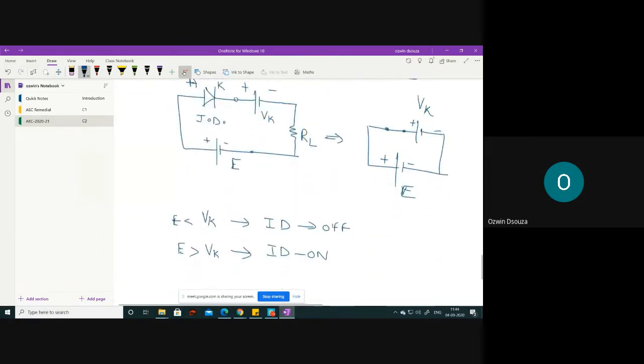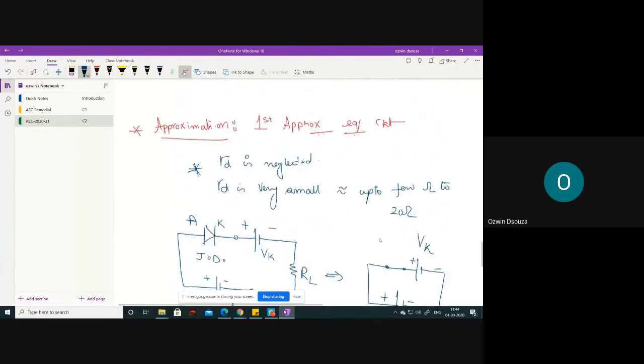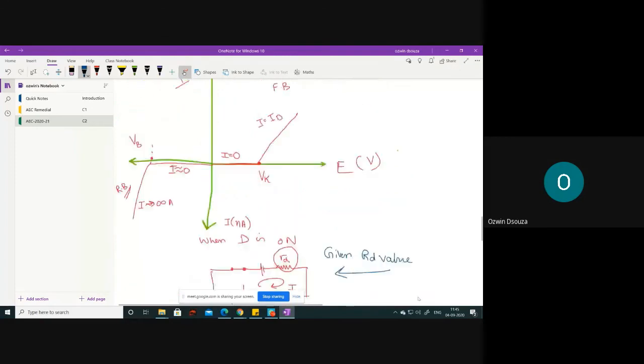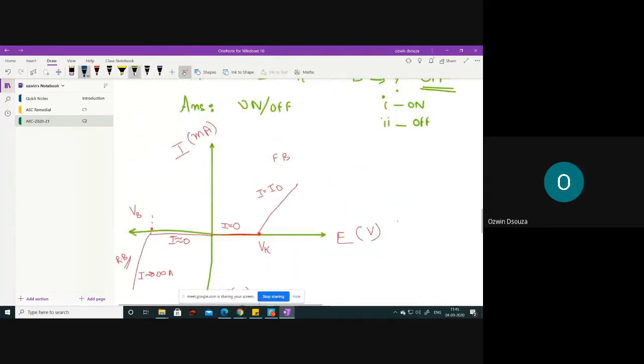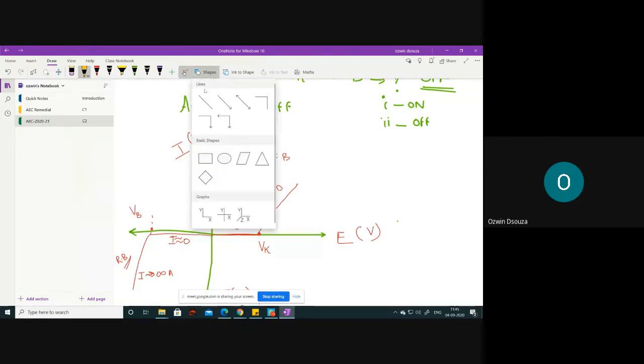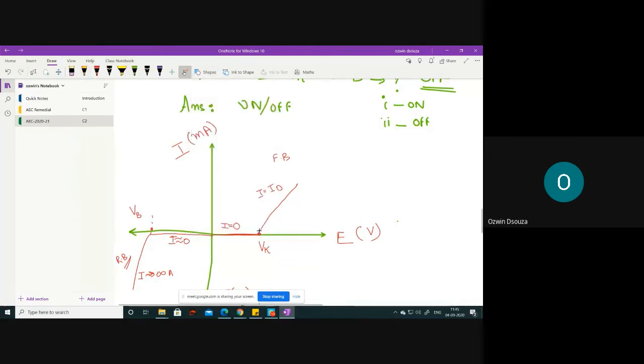So for this particular circuit, what kind of VI characteristics will you get? Can anyone tell me? I can draw the VI characteristic right here itself. If you neglect the resistance effect, your graph will be something of this kind.